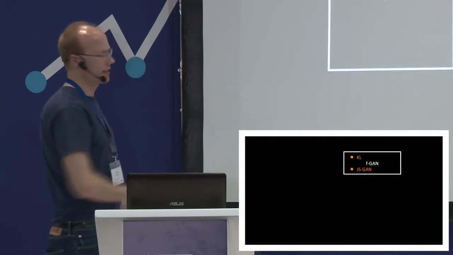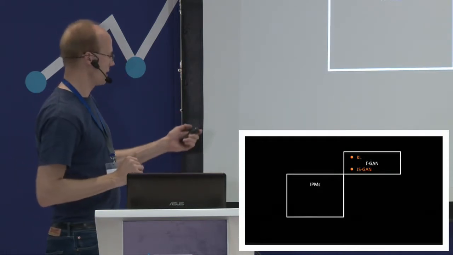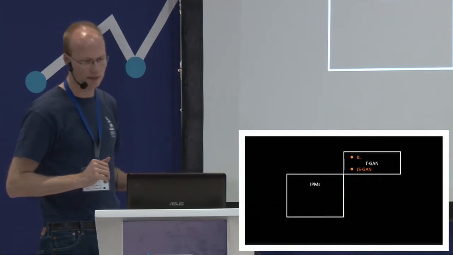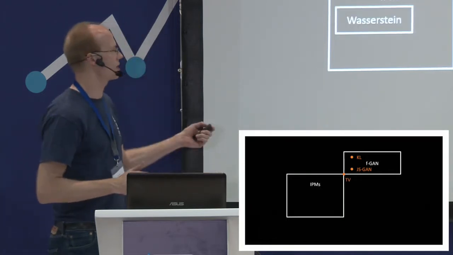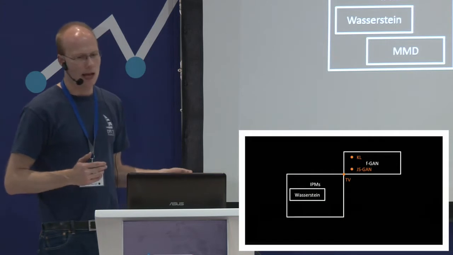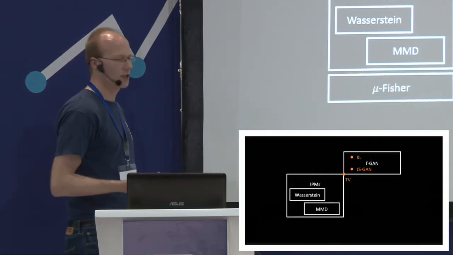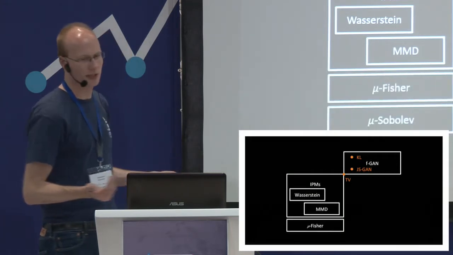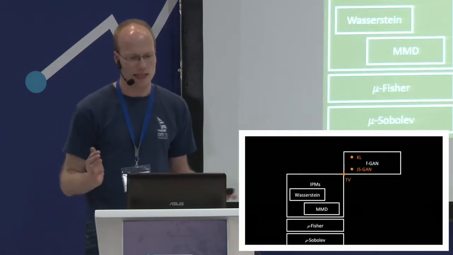And there's another class, the IPMs, that Arthur has presented, and they intersect at this point here, the total variation. In the IPMs, there's Wasserstein, there's MMD. And then there are new ones, the Fisher divergence, the Sobolev divergence. And they apply in different settings.